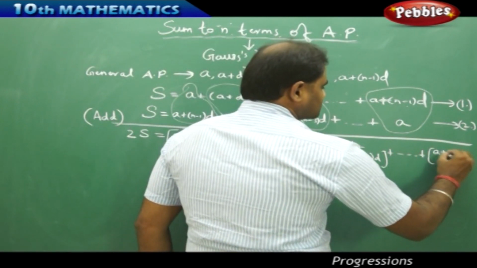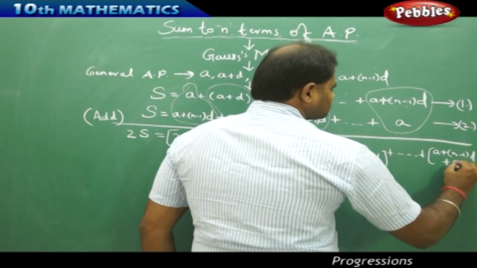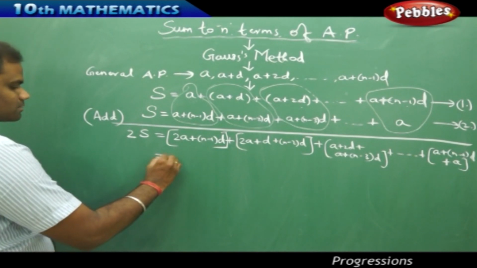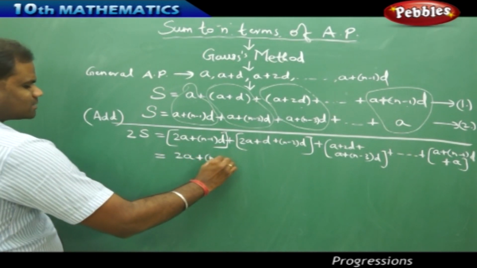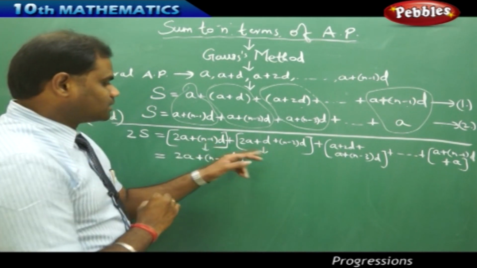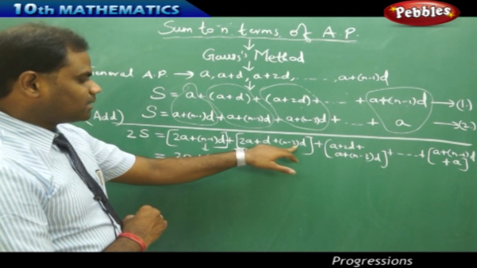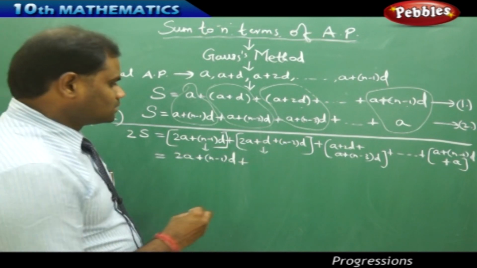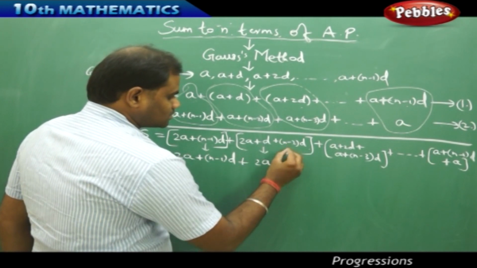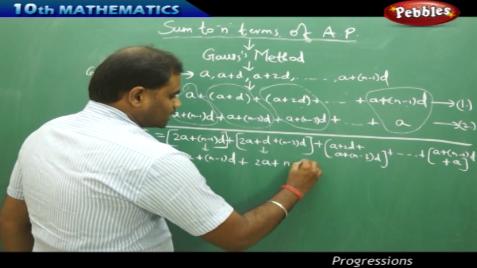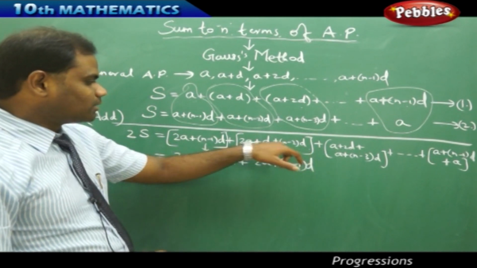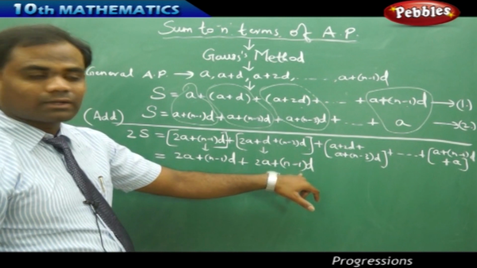On further simplification, the first gives me 2a plus n minus 1 times d. The second gives me 2a plus d plus nd minus 2d, which gives me minus d, so again I get 2a plus n minus 1 times d, because when I take d common I get 1 plus n minus 2, which is n minus 1.